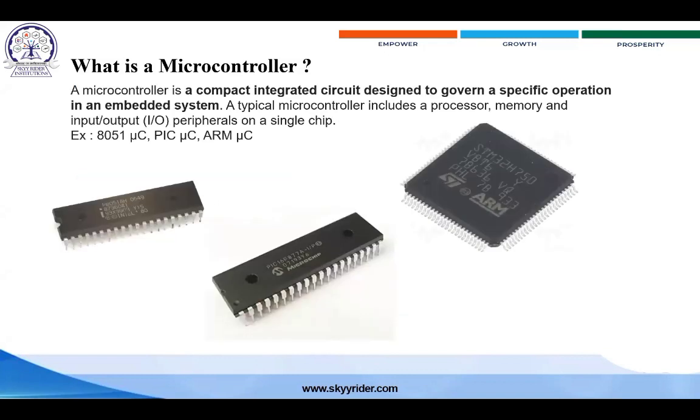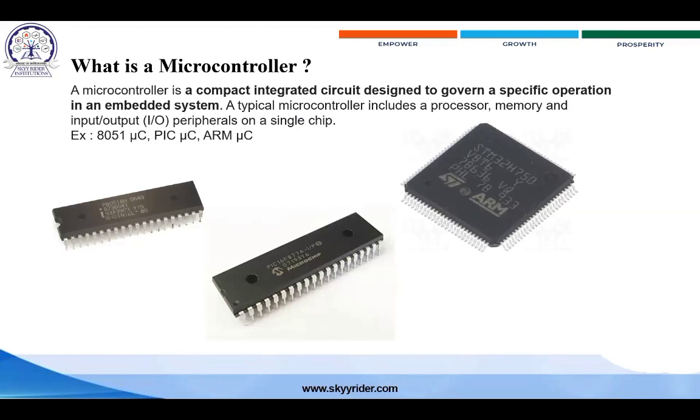Then in the embedded system there is a part which is called a microcontroller. The embedded system revolves around two things: one is the microcontroller and another is the microprocessor.